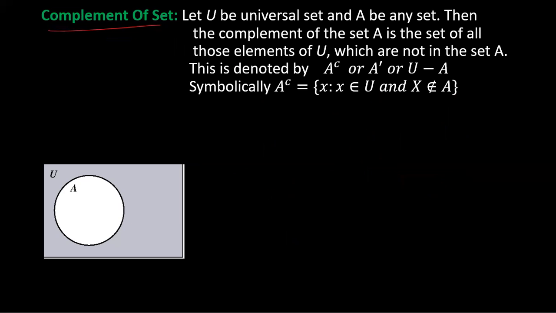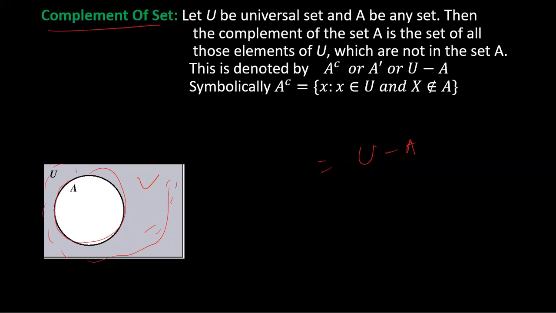Complement of a set: let's say this is a universal set, and this is set A. So A complement will be written as U minus A. That means the elements in the universal set but not in the set A.